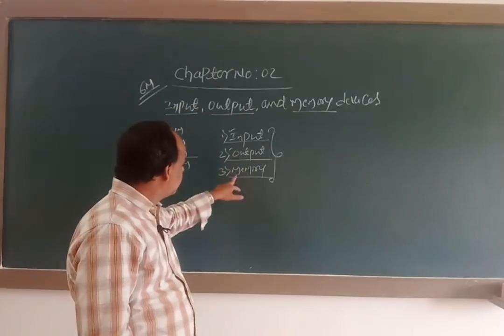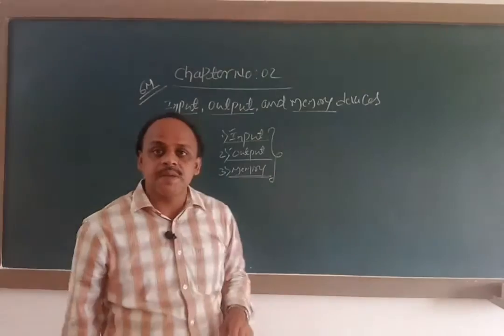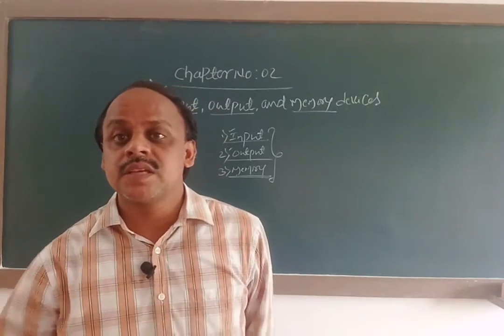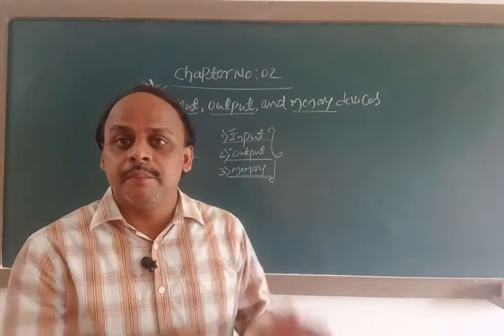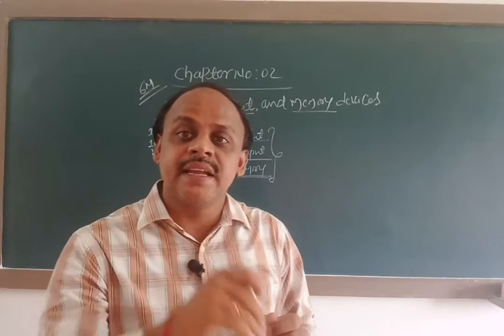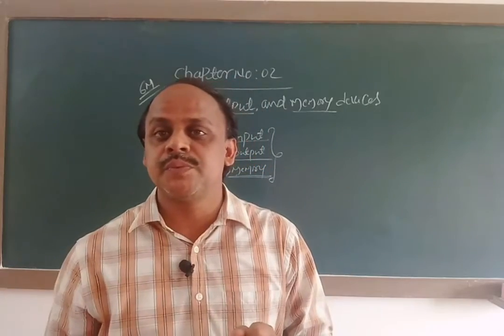And next is very important, memory. What is the memory of a system? How can we define memory? Memory is a place where the user can enter information and save it for future purpose.